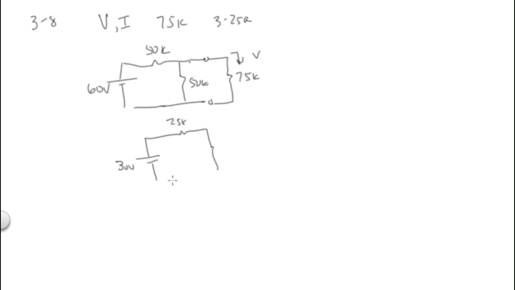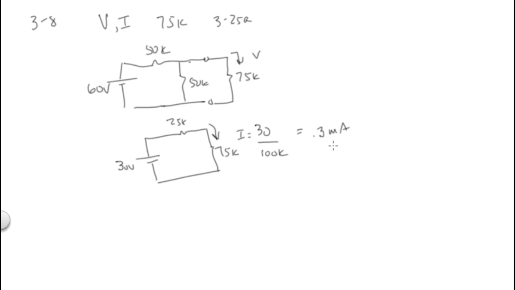And now I can add the 75K. What's the current through it? I is equal to V over R, which is 100K, since 75 plus 25 is 100K. So what would that be? 30 divided by 100, 0.3 milliamps.